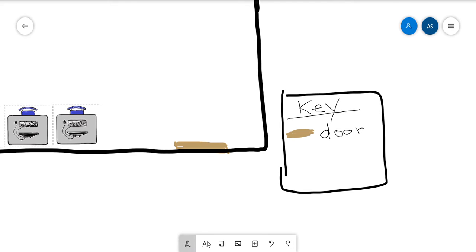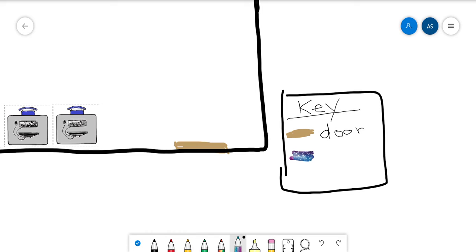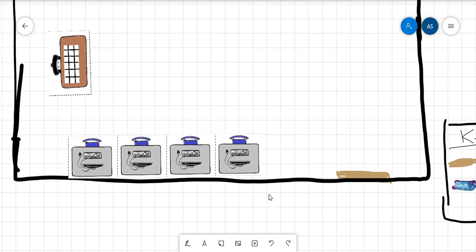So I'm going to come over here to the key, and I'm going to put the galaxy pen, and then I'm going to write window. So anyone that wants to come look at my map can see where the window is, where the door is.